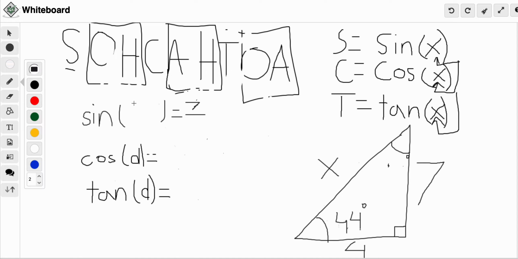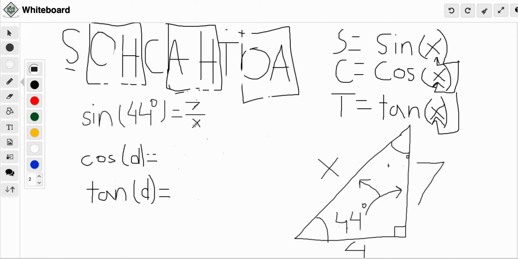Now, if we take sine of 44 degrees, we know that sine for a right triangle is opposite over hypotenuse. So we look here and we take the opposite side, which is 7, and we put it over x. Now, sine of 44 degrees is 7 over x.